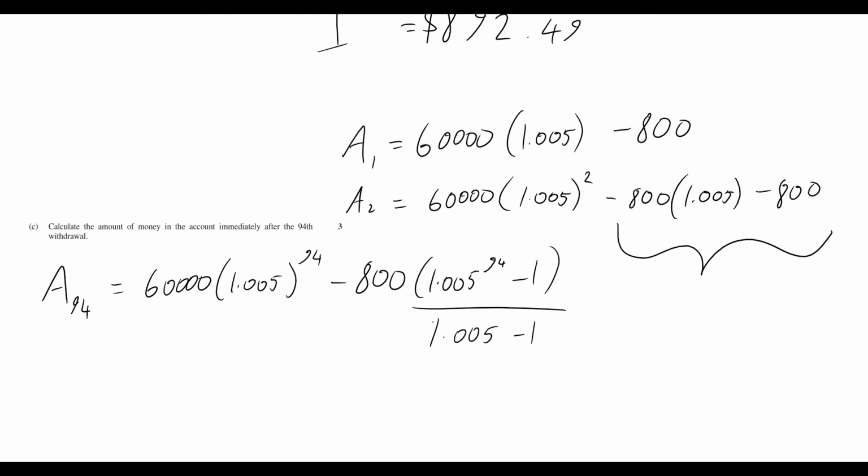This comes from the sum of a geometric progression formula. We should have this on our formula sheet, I believe, or at least be comfortable with it before going into our HSC.